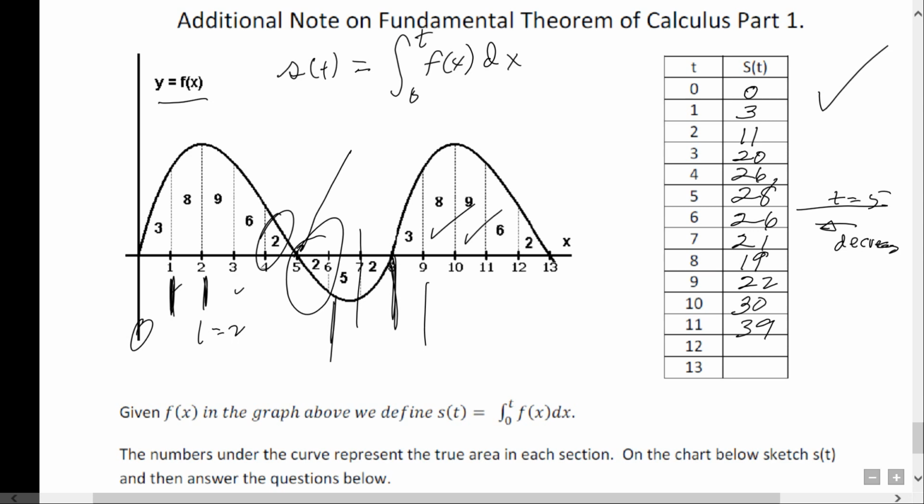Then we add 6, gives us 45. And add the last 2, and we get 47. Now, I want you to look at the next page and graph s of t, and you'll be answering some questions.